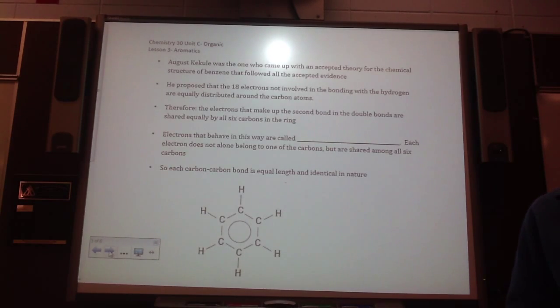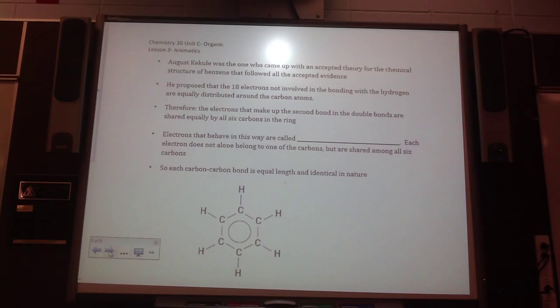He proposed that the 18 electrons not involved in the bonding with the hydrogen are equally distributed around the carbon atoms. Therefore, the electrons that make up the second bond in the double bonds are equally shared.